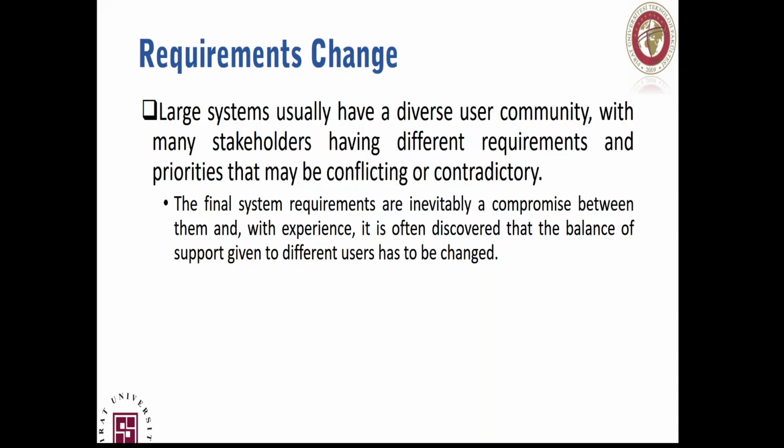We have also a large community of users, and these users or stakeholders for sure will have conflicting requirements. So how can we deal with the conflicting requirements? We must deal with it by setting up a compromise. We cannot achieve all the conflicting requirements together.